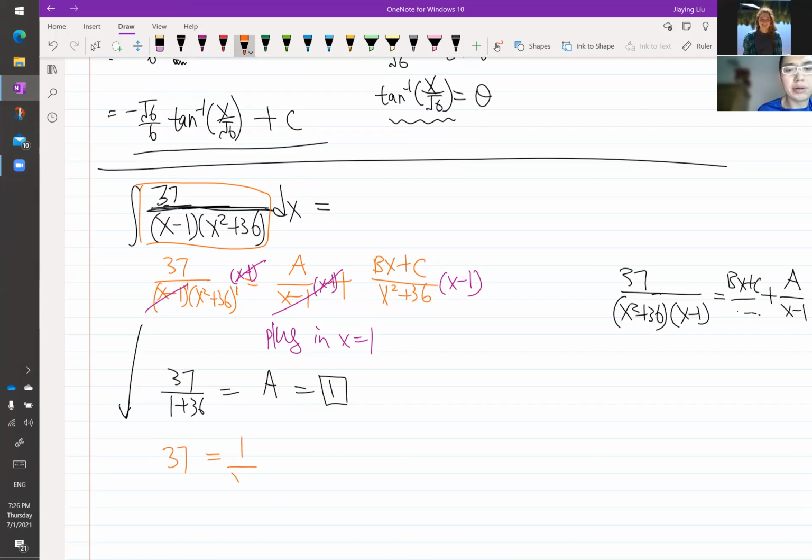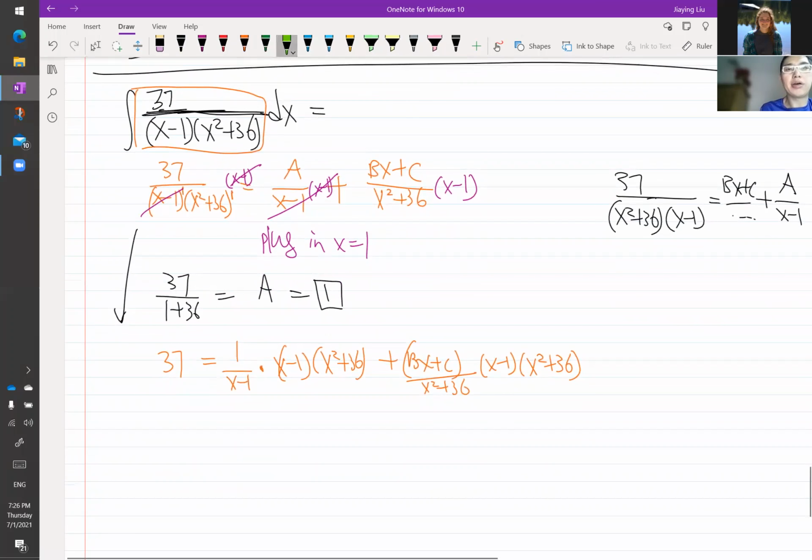A is 1 over x minus 1, times x minus 1, x squared plus 36, plus bx plus c, divided by x squared plus 36, times x minus 1, x squared plus 36. Right?